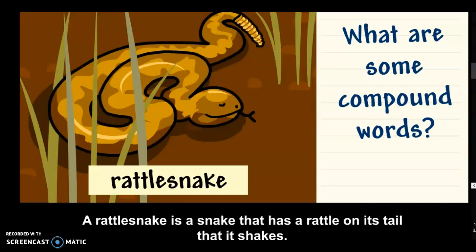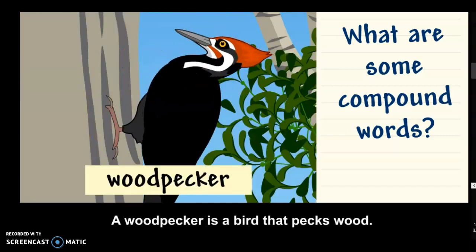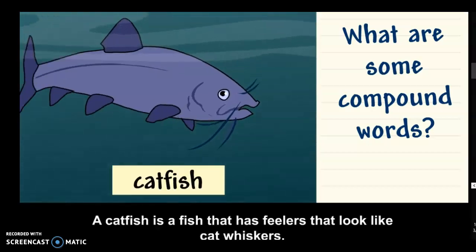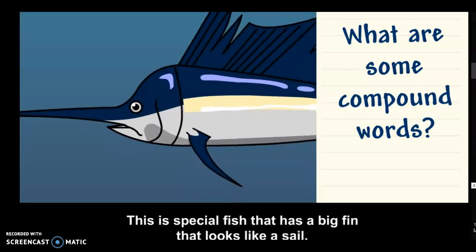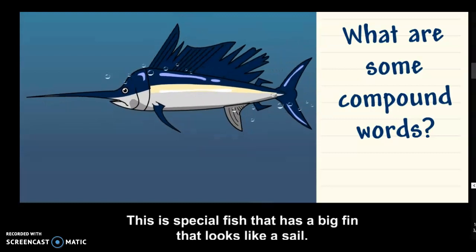A rattlesnake is a snake that has a rattle on its tail that it shakes. A woodpecker is a bird that pecks wood. A catfish is a fish that has feelers that look like cat whiskers. This is a special fish that has a big fin that looks like a sail.